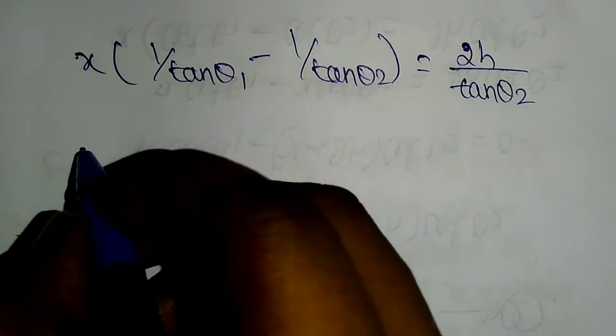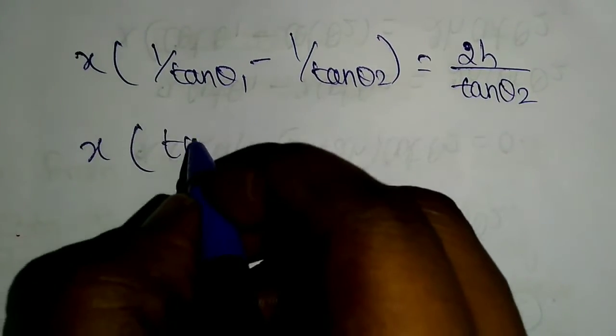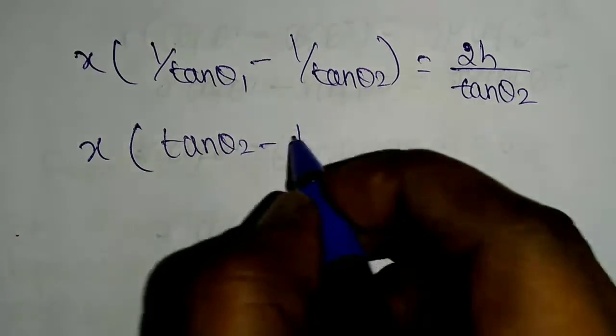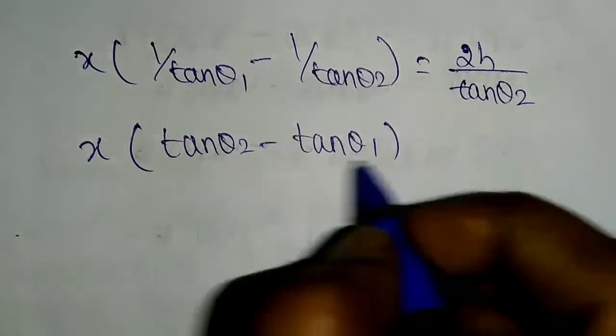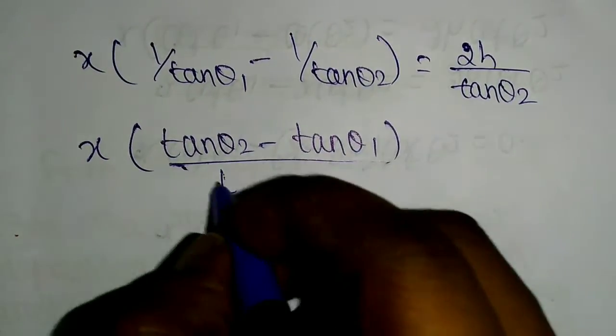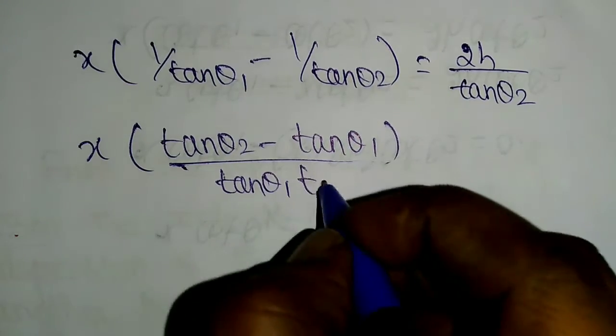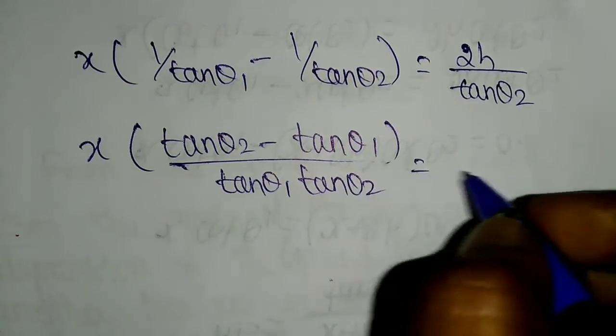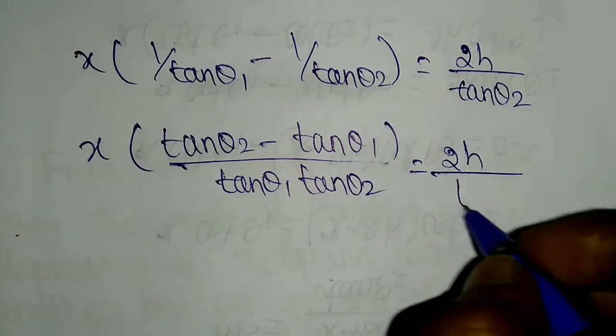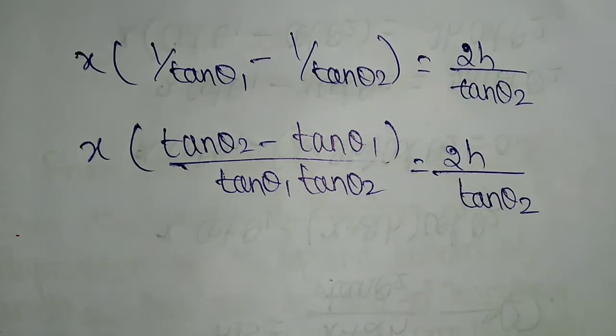Okay, so here we get X into tan theta 2 minus tan theta 1 divided by tan theta 1 into tan theta 2 is equal to 2H divided by tan theta 2.